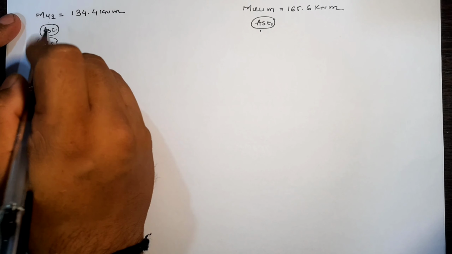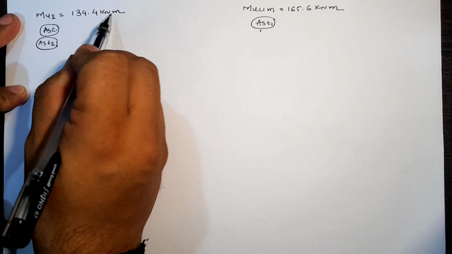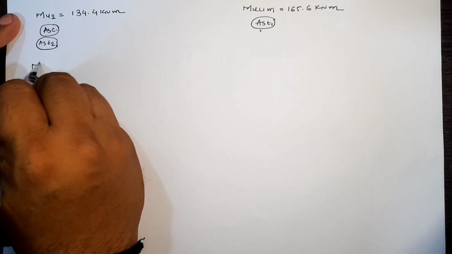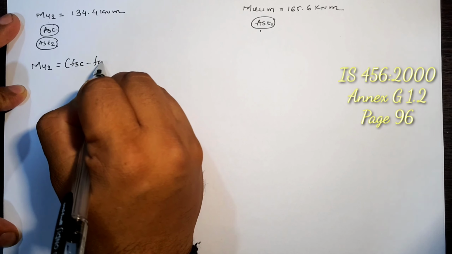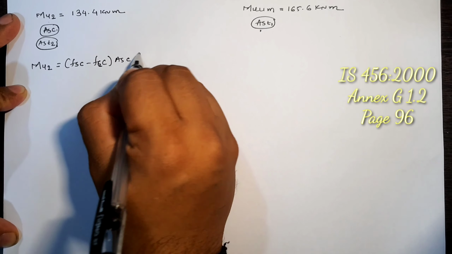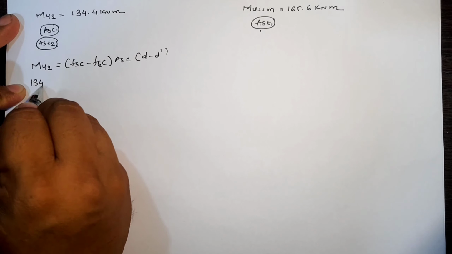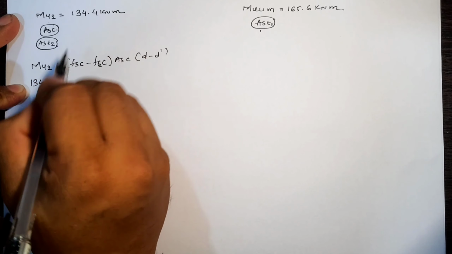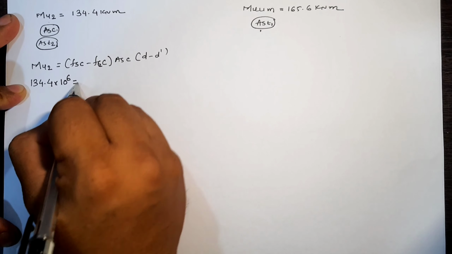So first of all, we have Mu2 equal to 134.4 kilonewton meter. So Mu2 can be calculated where Mu2 is equal to 134.4 kilonewton meter, hence in terms of Newton into mm it is 10 raised to 6.